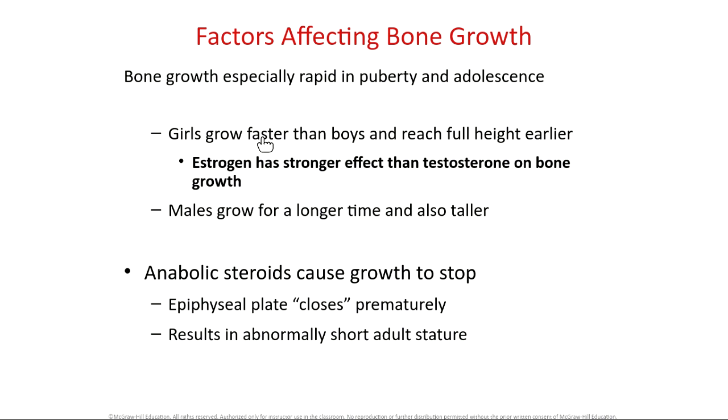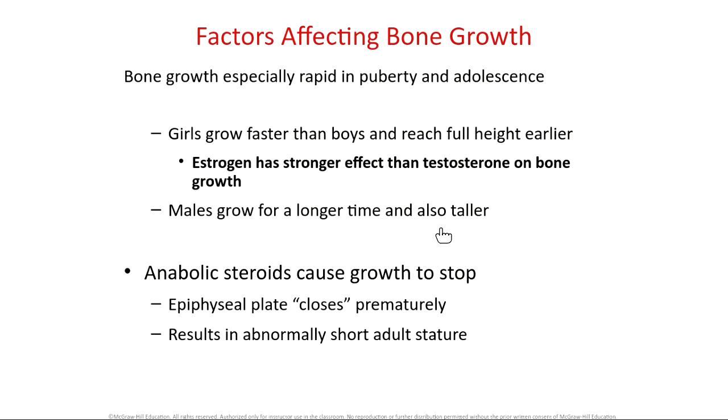All right, and not much about this slide. Again, factors affecting bone growth. Remember, estrogen and testosterone have a role, but estrogen actually has a stronger effect than testosterone on bone growth. And this is why you see that girls will actually reach their full height earlier than males. Okay, but males, their testosterone will have a longer lasting impact, which is a little bit slower. So the males will catch up.